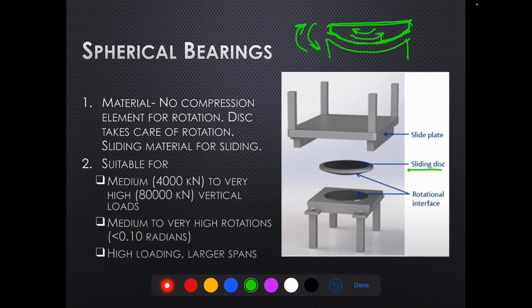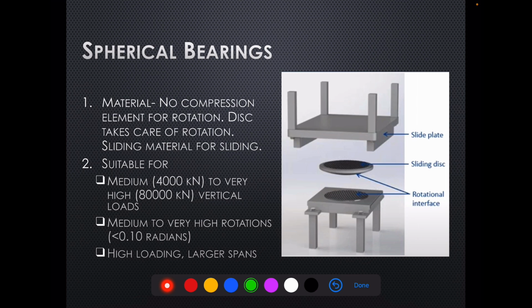So let's see the cases where these spherical bearings are most suitable. These are suitable for medium to very high vertical loads, that is 4,000 kilonewton to 80,000 kilonewton, and for medium to very high rotations, that is less than 0.10 radians.